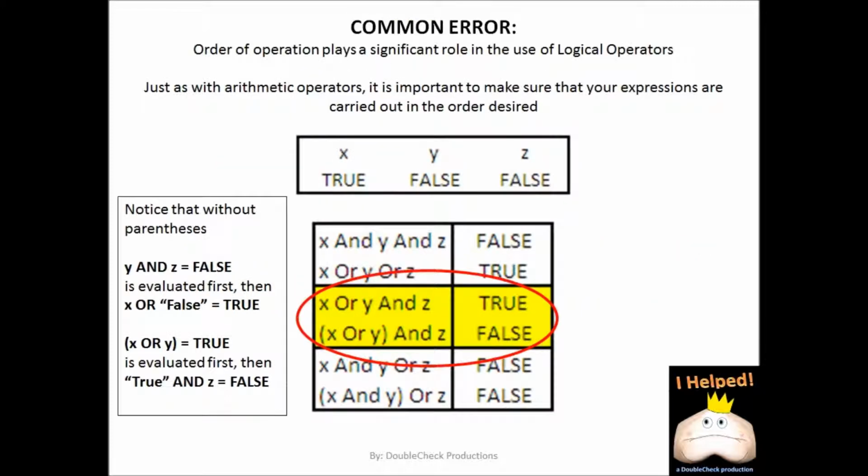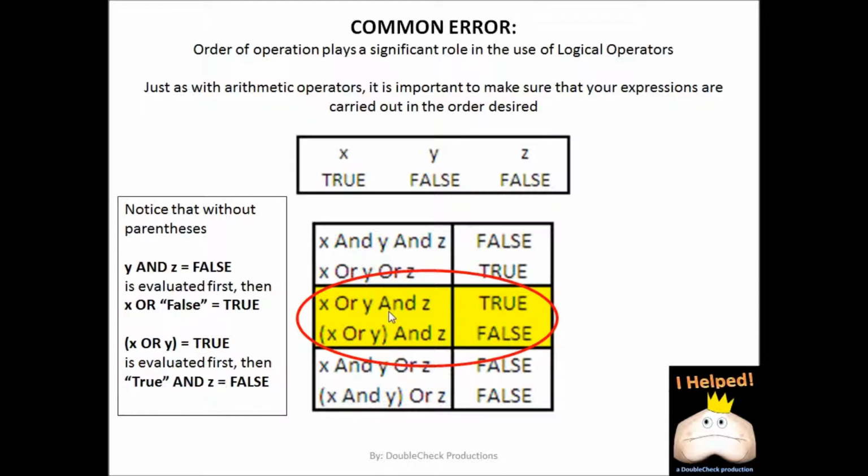Now, something to keep in mind is that the order of operation does play a significant role in the use of logical operators. Just like when we're doing arithmetic, we have to keep in mind how our operations are carried out. So if we look at the example here, we see x equals true, y equals false, and z equals false. Now, the highlighted circle portion, what you need to notice is that in this expression, x or y and z, the first thing that happens is y and z is evaluated first.